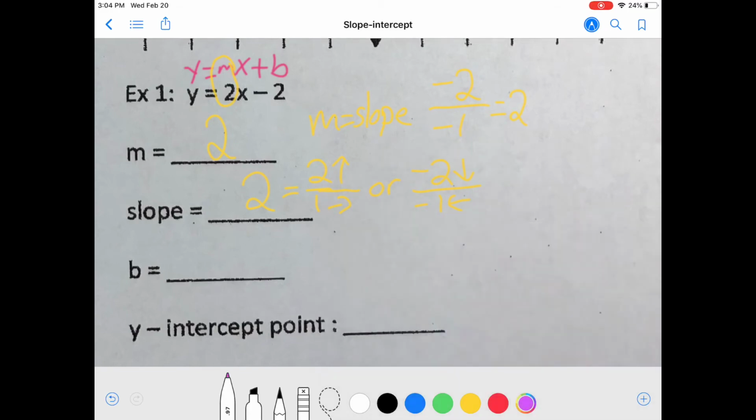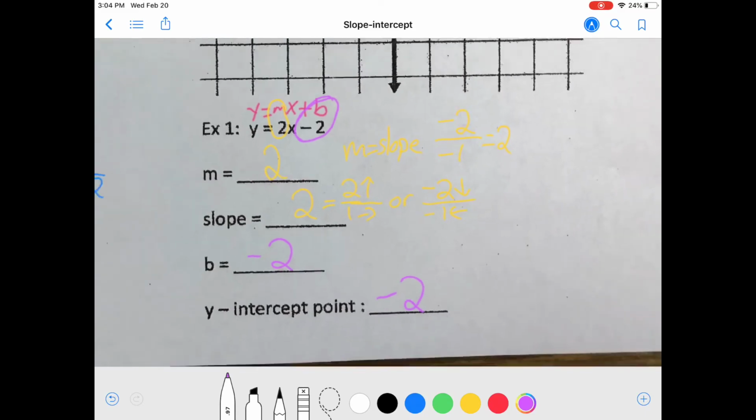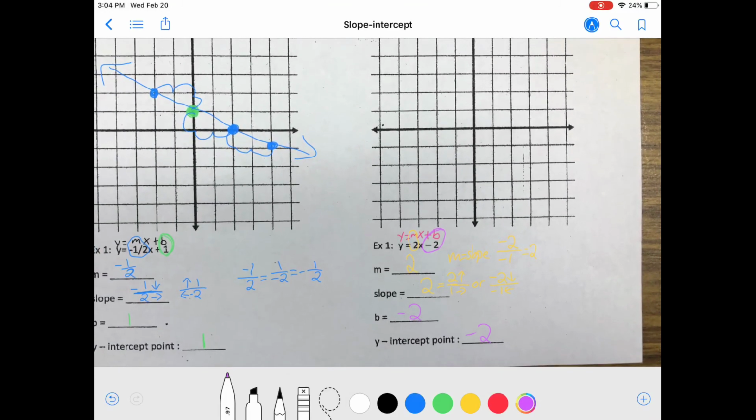Now we're going to find our b, which is right here. Our b is -2, so our y-intercept is at -2. The first thing we always graph is our y-intercept, and we cannot graph our slope first. So, y-axis, x-axis, starting at the origin, going down 2. So -2 is my y-intercept. Then I have my slope.